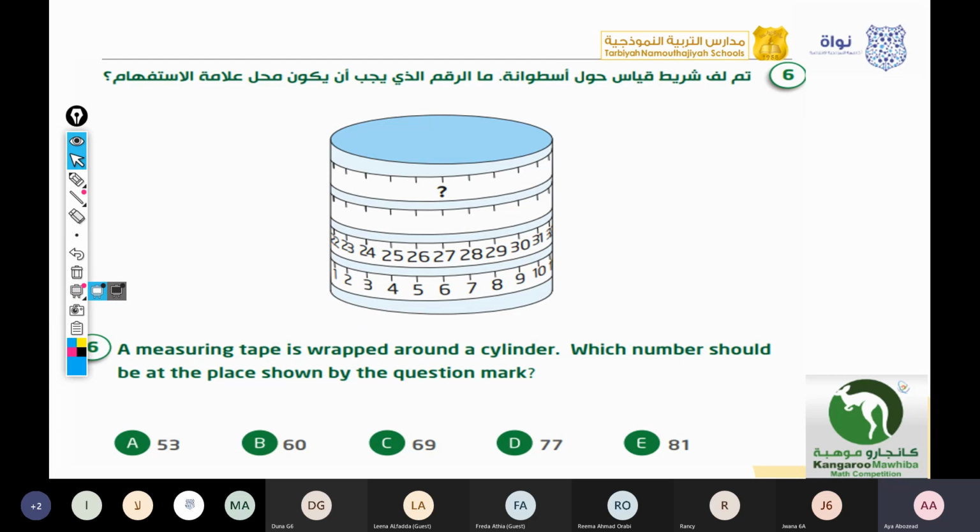Which number should be at the place shown by the question mark? If you have a cylinder and you wrap the tape around it, which number will be here? Those are the numbers you have.